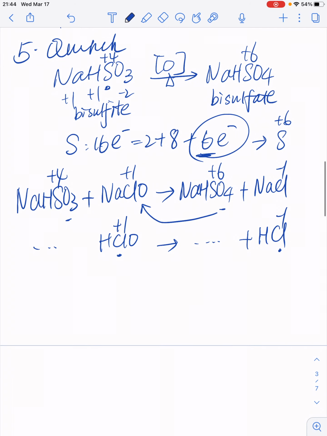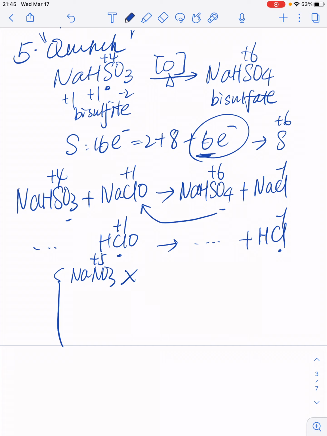And now comes the question: what kind of solution can be used as a quenching solution and what cannot? Well, you want to quench to reduce, right? So it has to have some kind of reducing function. How about sodium nitrate? It's carrying a plus 5 charge, so it's at its maximum charge, right?